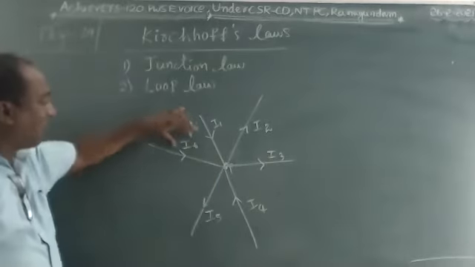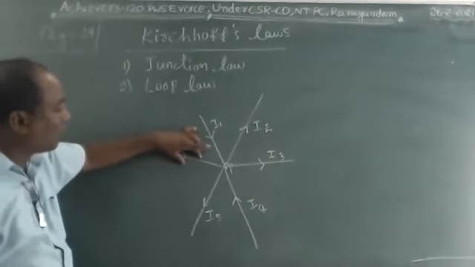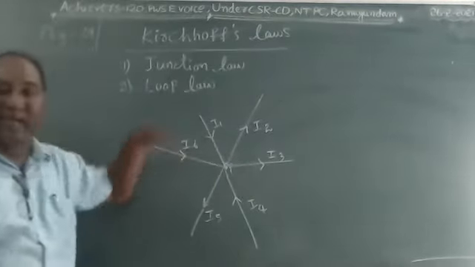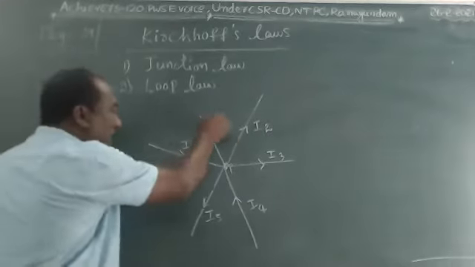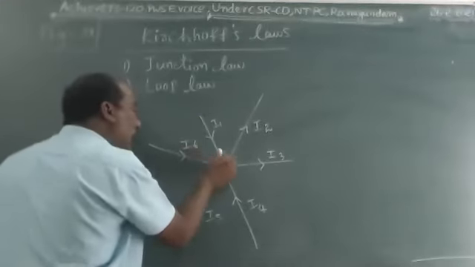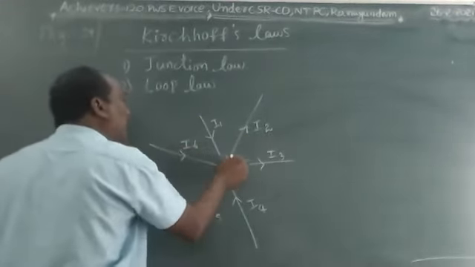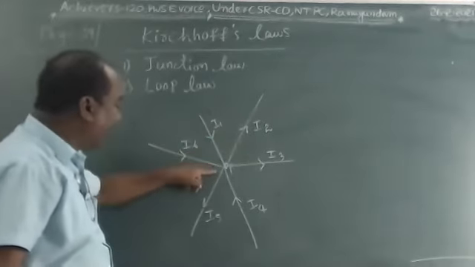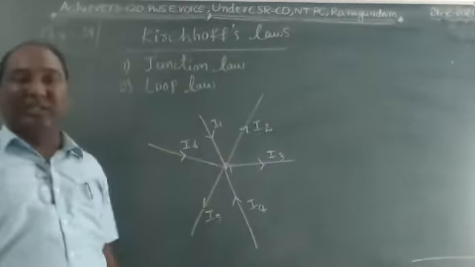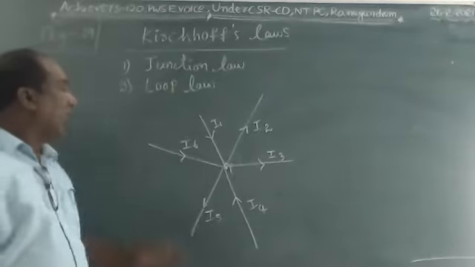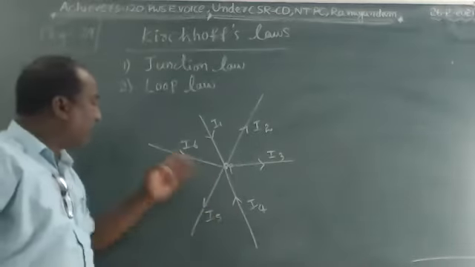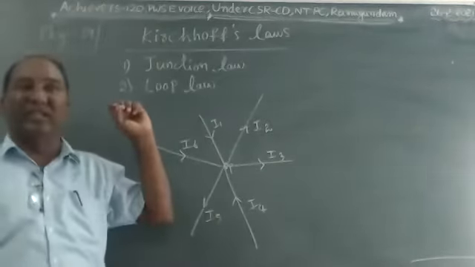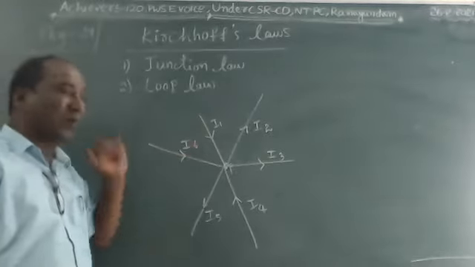So these are the incoming currents. The sum of the incoming current is equal to the outgoing current leaving from the junction. Here I2, I3 and I5, these three are leaving from the junction. I1, I4, I6 are incoming, and these are the outgoing.